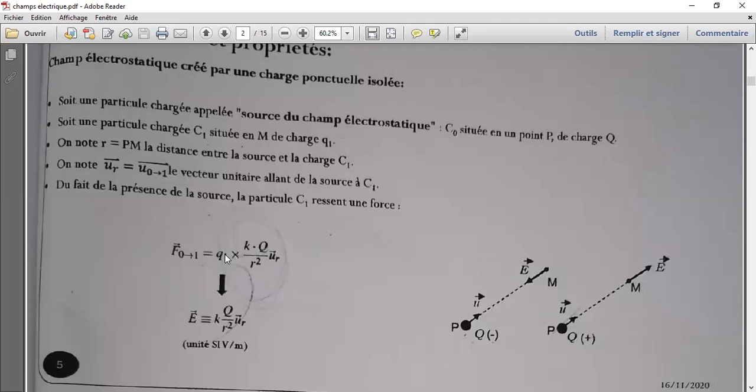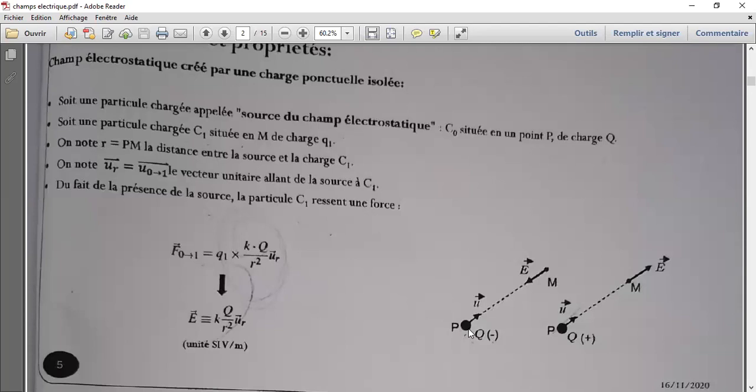We only include the one which is creating the champ électrique, because P is the one influencing, the source. A source is where something begins. We all know that a source is where something begins, so it's from P where everything begins.